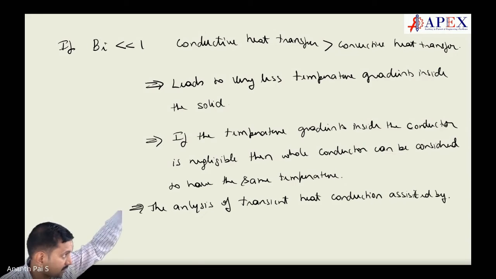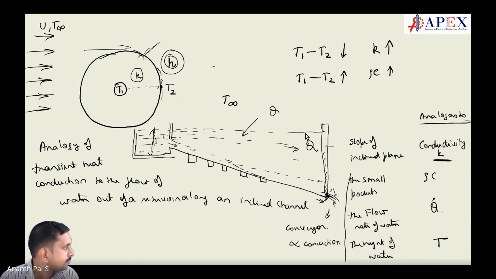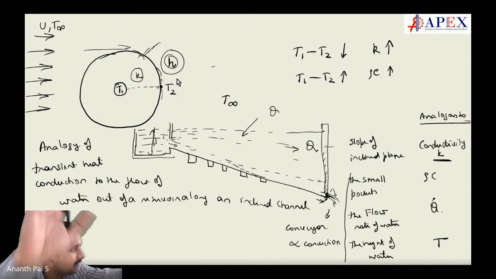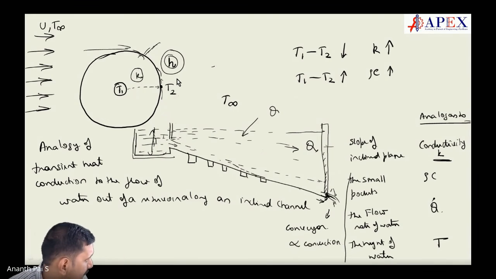Slope of the surface of the water is less. When this slope is less, the whole conductor here, T1 becomes almost equal to T2. So I consider the whole conductor to have the same temperature. There are no gradients. That happens when the conductivity is very high. Negligible temperature gradient implies negligible temperature difference. Correct? Small points to be connected.